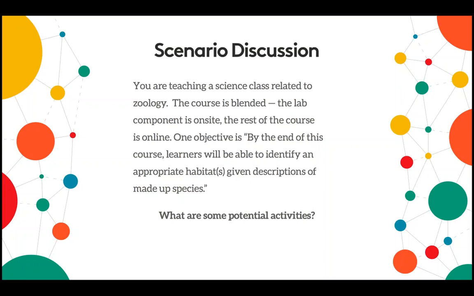So essentially, we're saying, again, by the end of this course, learners will identify the habitats, and then we have made-up species. So this takes away the idea that we have to use things that are already known, which already have habitats. Instead, maybe we take traits and ideas, compounding them, bringing them together.